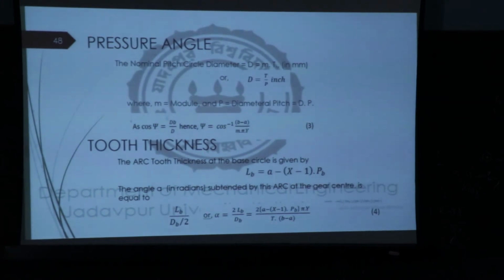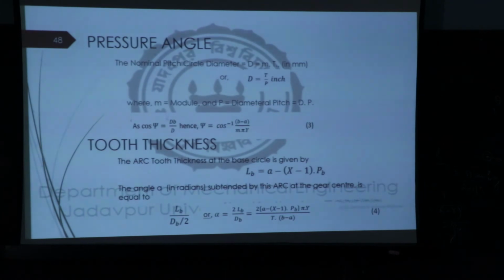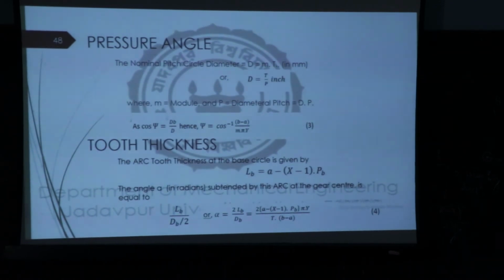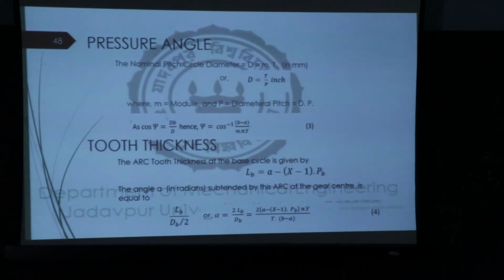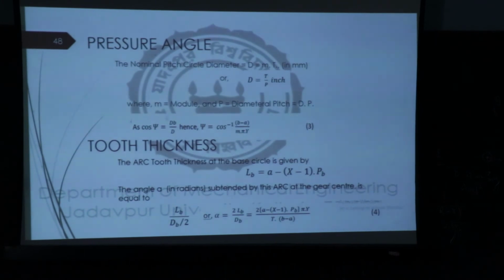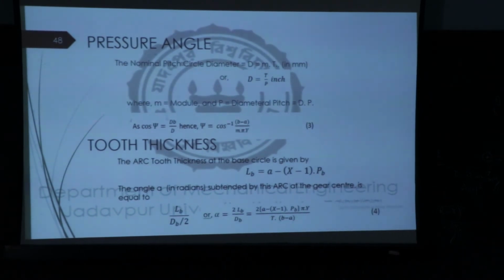Then the pressure angle is very important, you should remember. Different books have given different definitions, but you can check: the pressure angle is the angle between the common tangent to the pitch circles of the two mating gears and the common normal to the base circle. The common normal is also called the line of action, or the common tangent to the base circles.